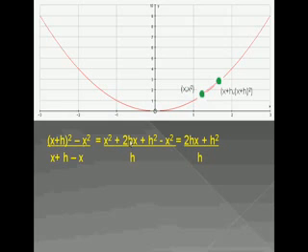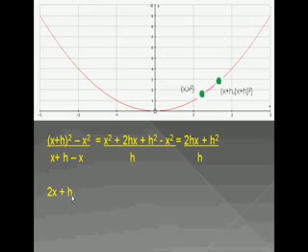Expanding these brackets, you would get x squared plus 2hx plus h squared minus x squared, all divided by, well, your x take away x cancel out, so you're left with h on the bottom line. Now simplify the top line: x squared take away x squared cancel out, so you're left with 2hx plus h squared, all divided by h. Dividing through by h, you get 2x plus h.